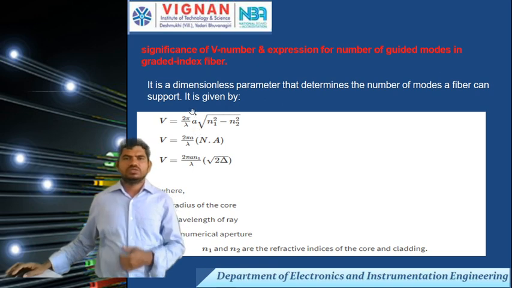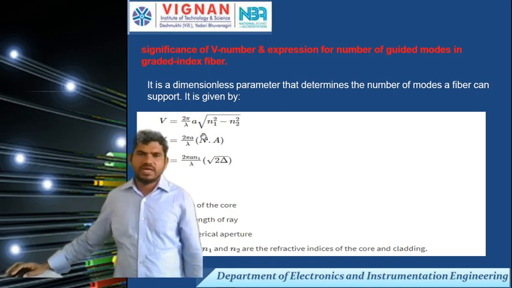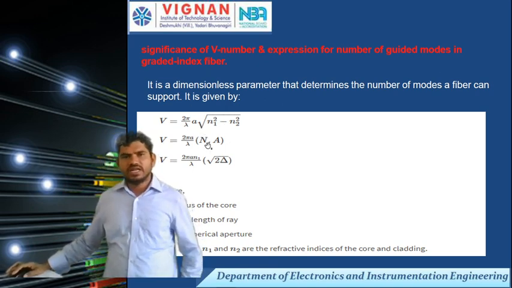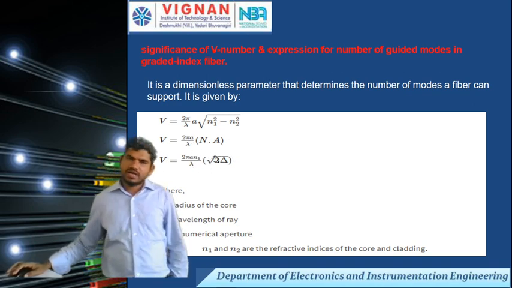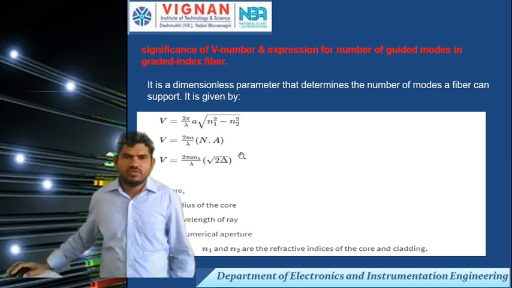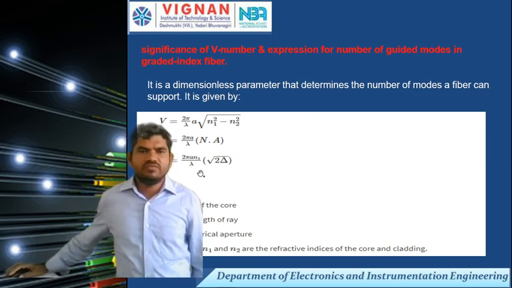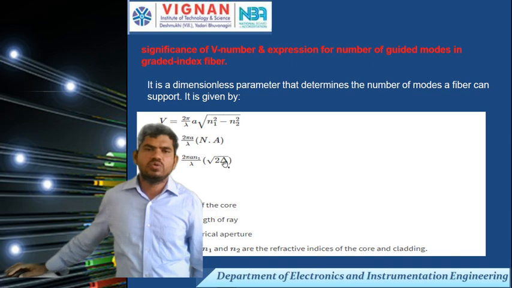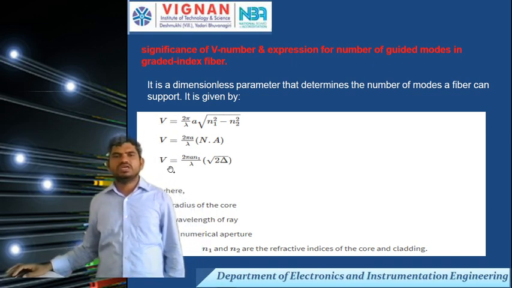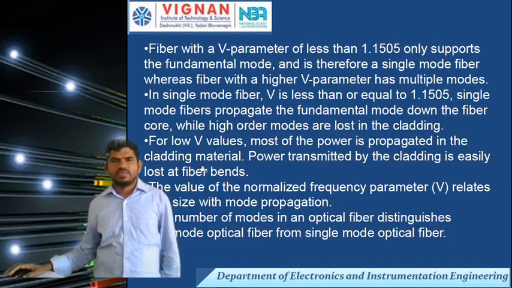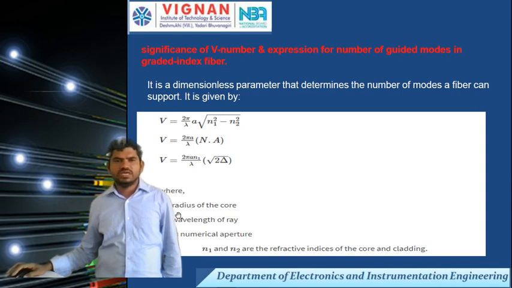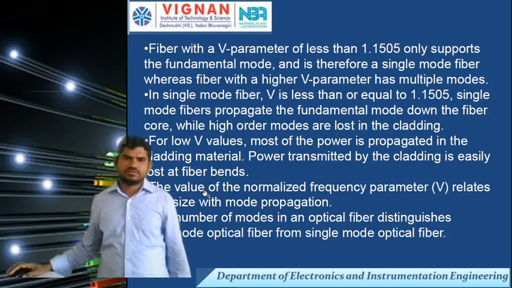V is equal to 2 pi a by lambda into NA, and also, for a graded index fiber, V is equal to 2 pi a n1 by lambda into the square root of 2 delta. This formula is specially defined for the graded index optical fiber, where a is the radius of the core, lambda is the wavelength of the ray, and NA is the numerical aperture.